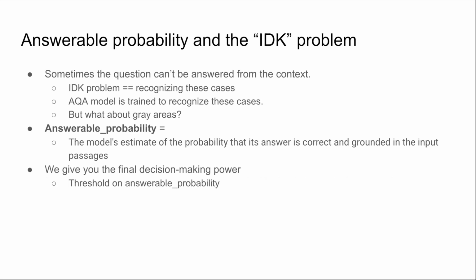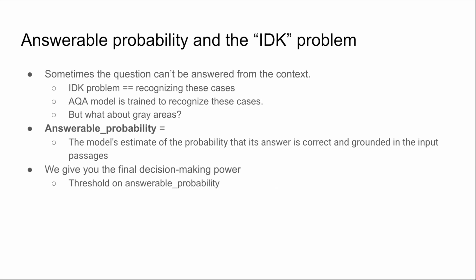As many of you may know, language models may hallucinate when they do not know the answer, but tend to generate an answer anyway. And sometimes in RAG use cases, the question cannot be answered from the context or from the document you provide. The IDK, or I don't know problem, comes down to recognizing these cases and to provide that information to the developers.